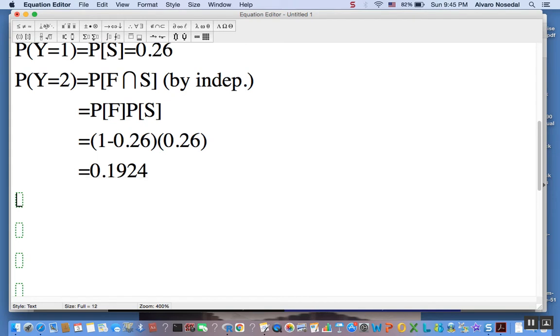Let's find now the probability that we need to contact 3 soft drink users before finding our first Pepsi drinker. So the probability that y equals 3 in that case is equivalent to the probability of an F and then another F, so failure, failure, and finally success.